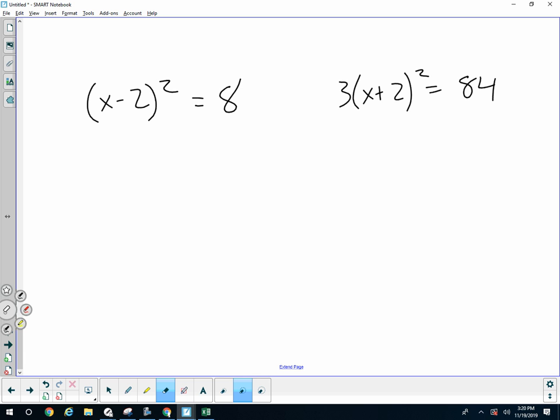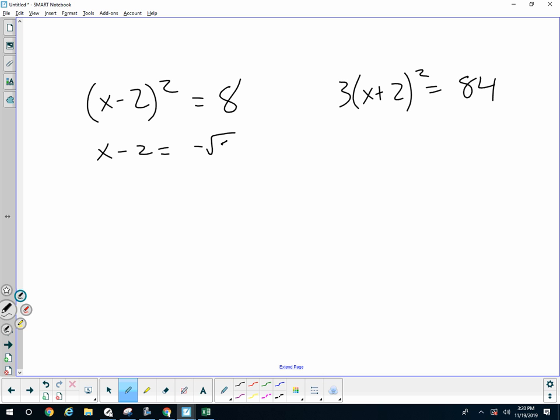Is there a nice whole number? There isn't. So we're just going to leave it as root 8. That's going to be a positive root 8 and a negative root 8. Now, minus a negative, that's the same as plus a positive, right? So just turn it into plus positive. I don't love the plus or minus. I really don't.